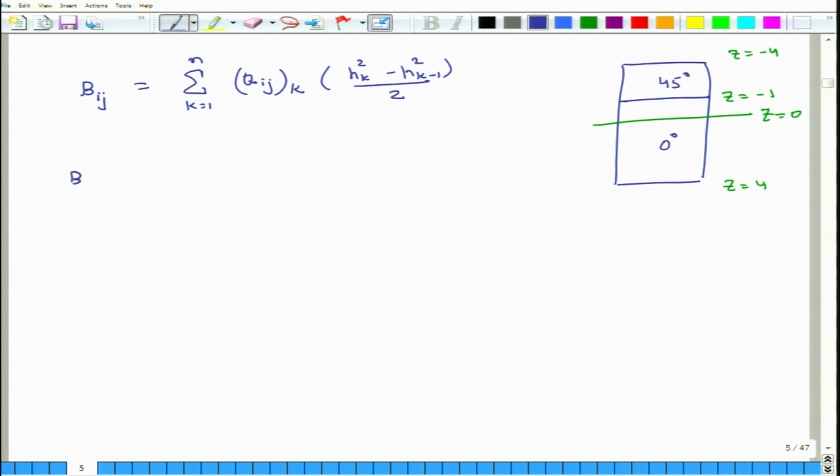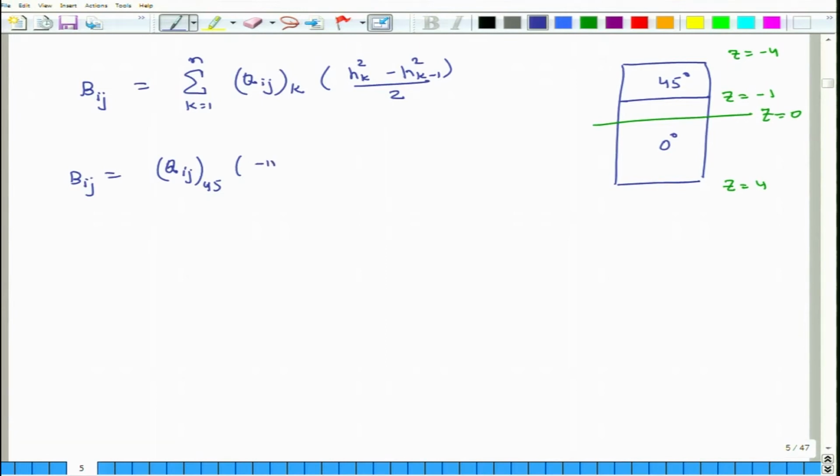So, Bij equals Qij bar for the 45-degree layer times Hk minus Hk minus 1.